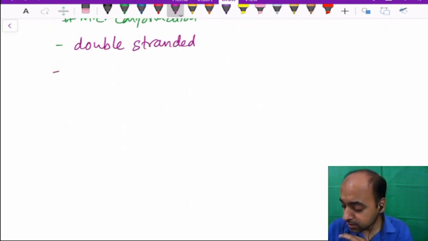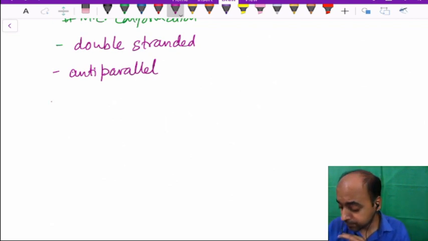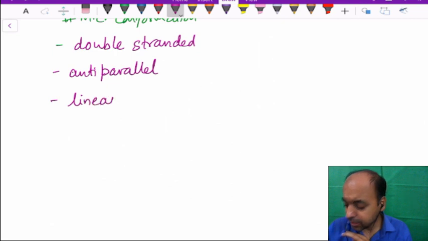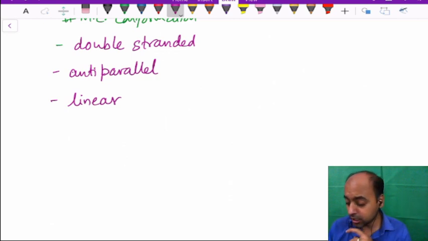The two strands are antiparallel. The nucleic acid is linear. Why I'm saying linear? Because when you go to the mitochondrial DNA, it is circular in nature. Okay, so linear.